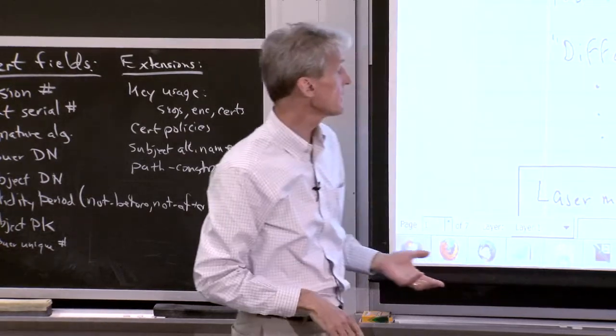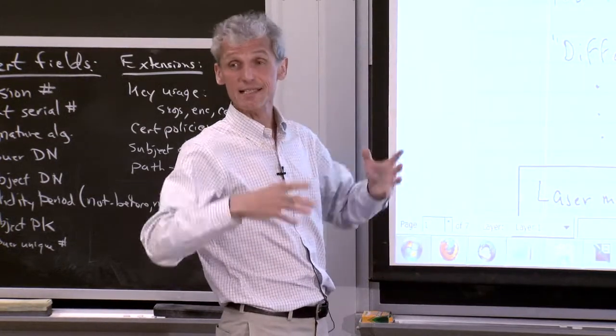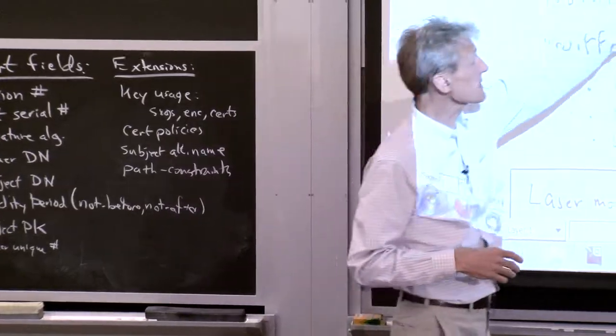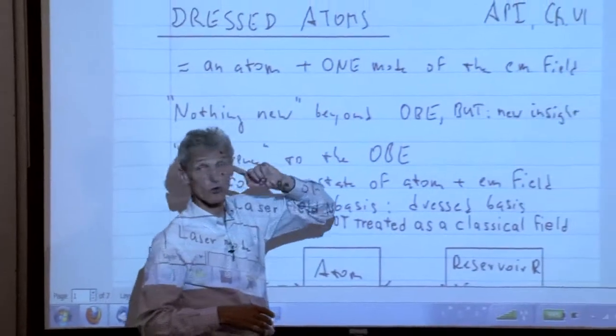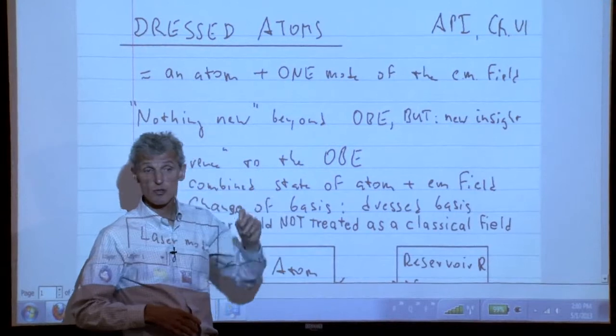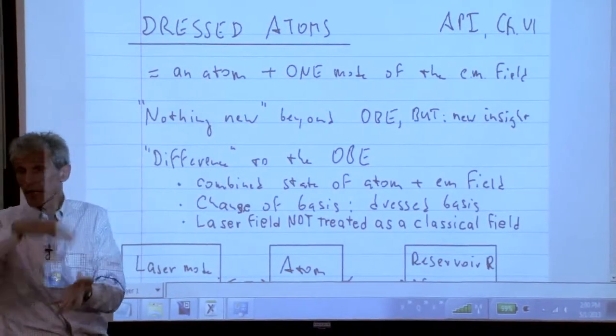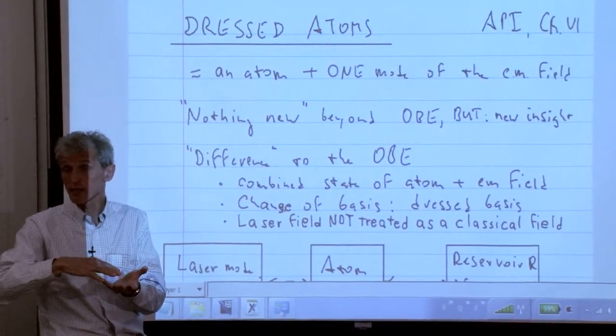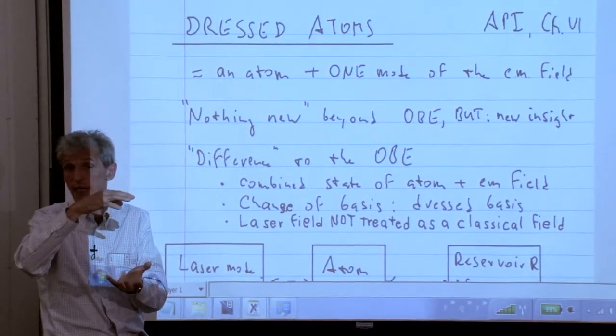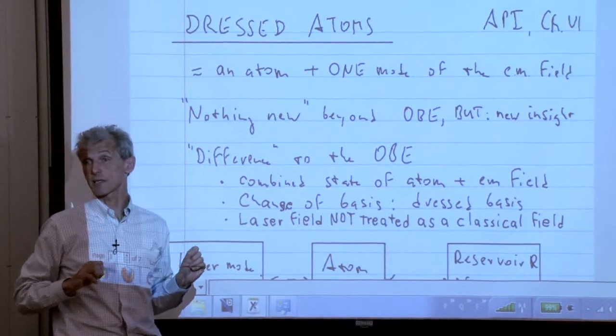I want to treat the atoms dressed up by the laser beam, which is one mode of the electromagnetic field. So the atoms, together with this one laser beam, will be partially excited, partially in the ground state. And these partially excited atoms, this is the dressed atom basis.